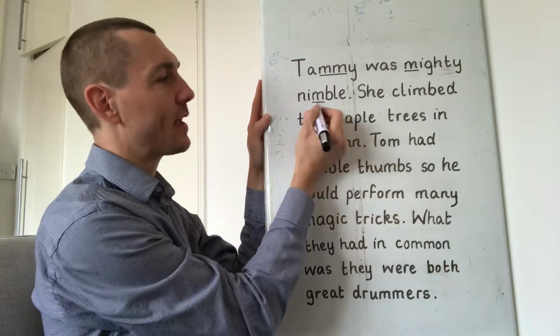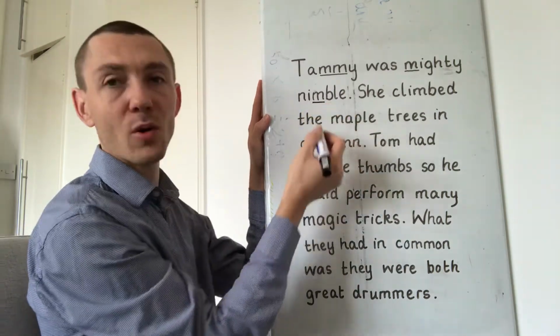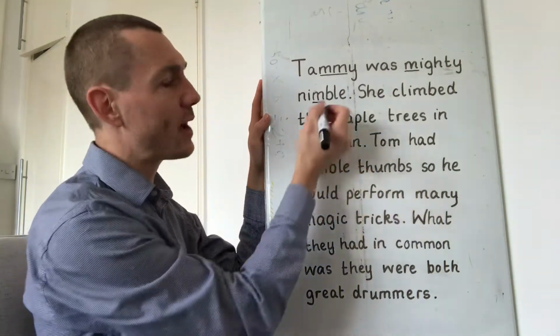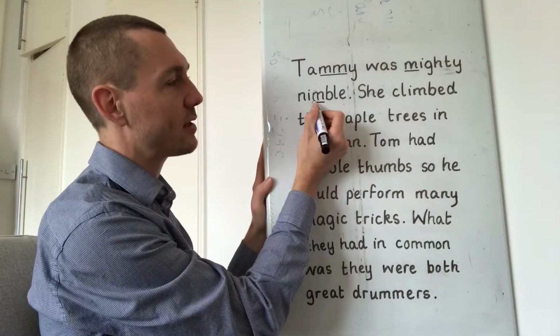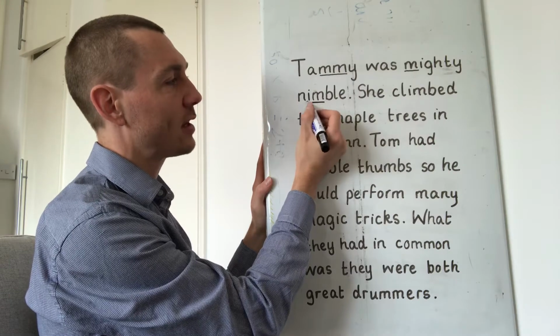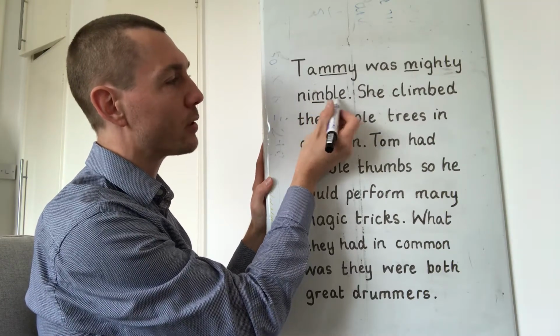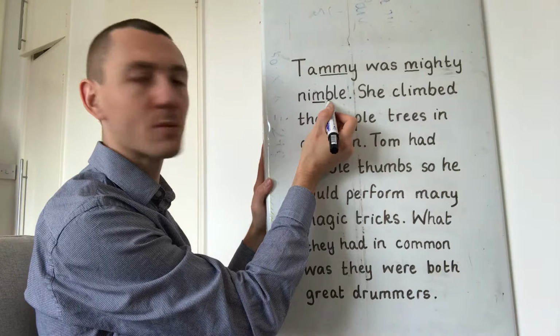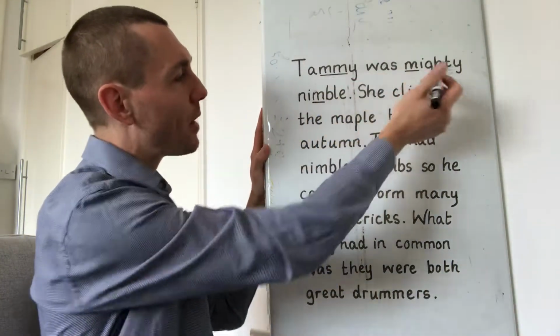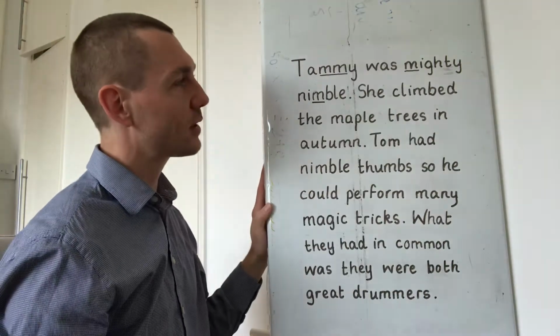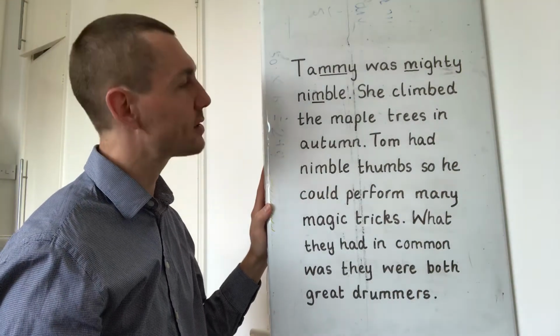Remember that the M next to a B isn't always an MB spelling, although MB is one of our sound spellings, not in this word. This is just the M spelling. Nimble, because you can hear the B sound as well, can't you? Okay, so far we've got Tammy, mighty, and nimble. Good, you should have those three on your list.